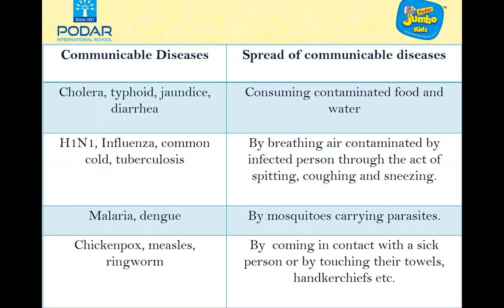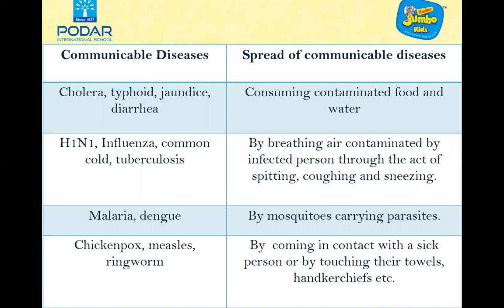Next, malaria and dengue. They spread by mosquitoes carrying parasites. The parasite for malaria is spread by mosquitoes. When the mosquito bites an infected person and moves to a healthy one, it carries these parasites from one to another. Chickenpox, measles, and ringworms.